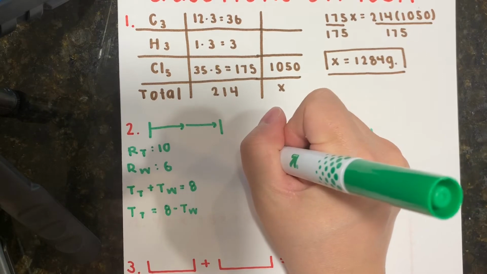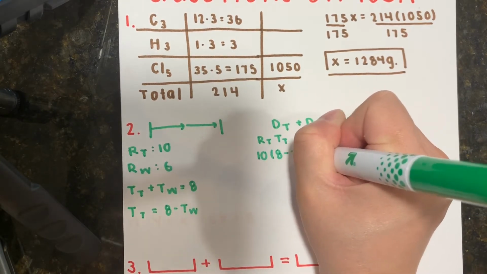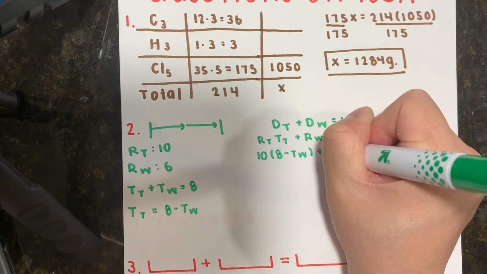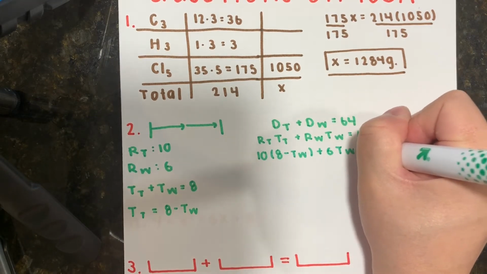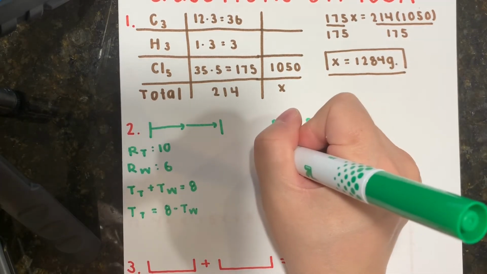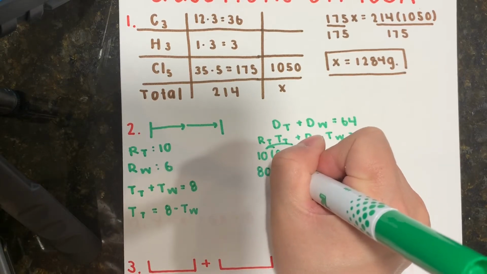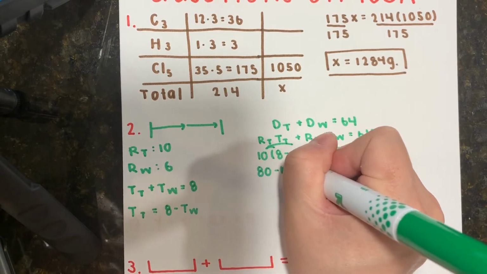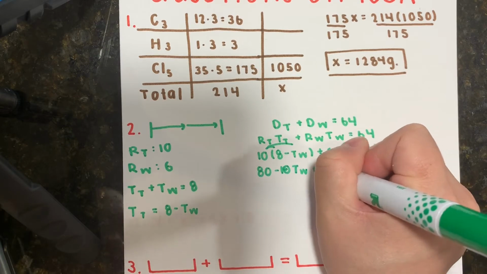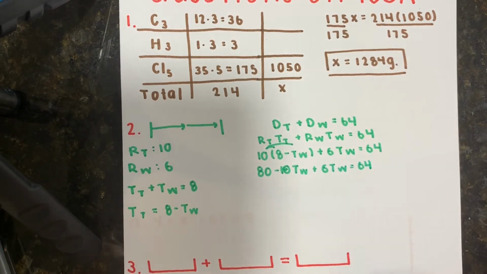So RT is going to be 10, TT is going to be 8 minus TW, RW will be 6, and then we have TW equals 64. Now we're going to distribute this, and that would give me 80 minus 10 TW plus 6 TW equals 64.